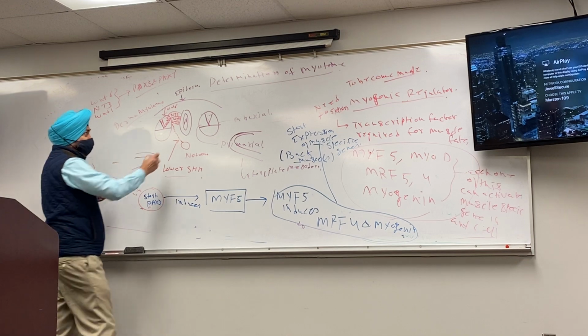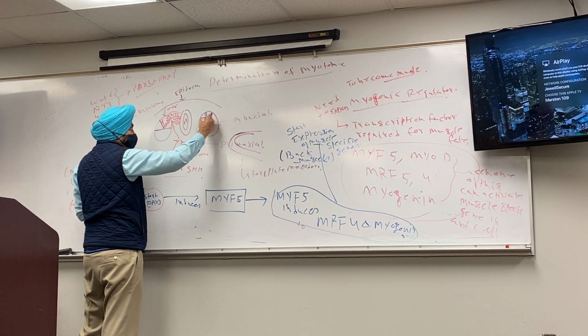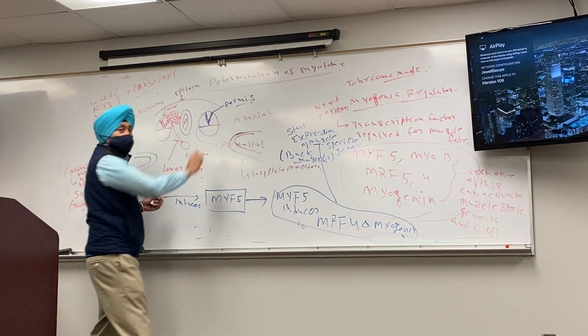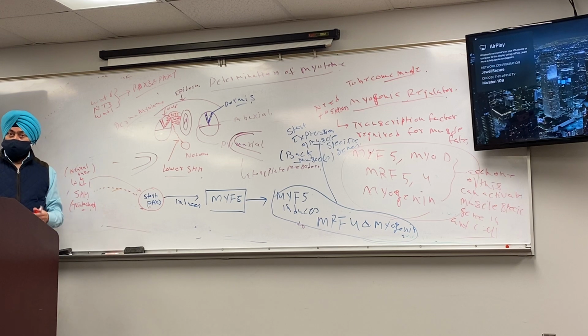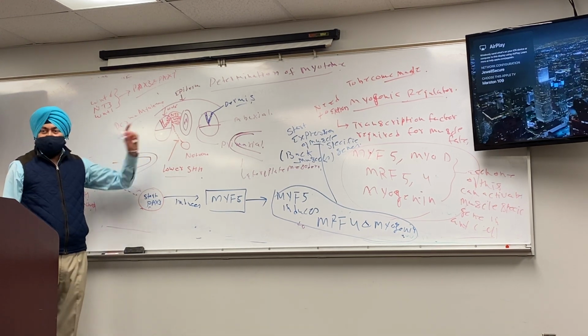But what we are saying is that the cells here, which are on the periphery, become dermis, right? The muscle of the skin under the epidermis. Why does that happen?